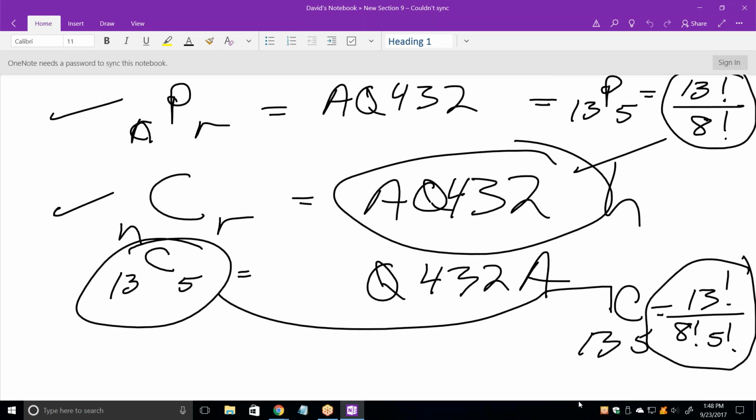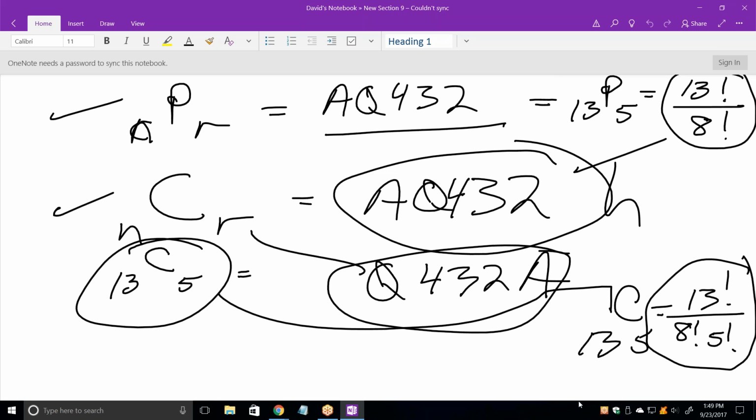In other words, we certainly can know that it's much harder to get ace, queen, 4, 3, 2 dealt in that precise order than it is to just get any 5 hearts that contain those 5 cards. It's got to be greater odds, or rather more likely to get dealt a flush in any order than in a precise order. And when you're playing poker, it's any order that matters.